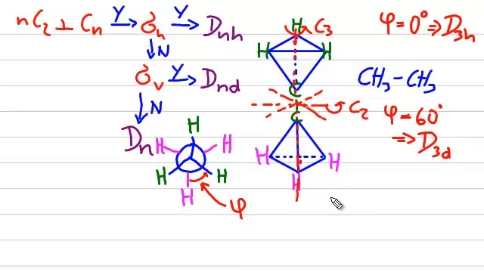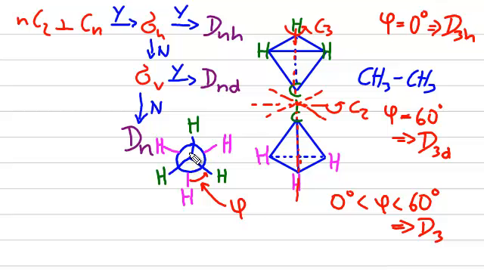And if this angle phi is between 0 degrees and 60 degrees, then we end up with the point group D3.